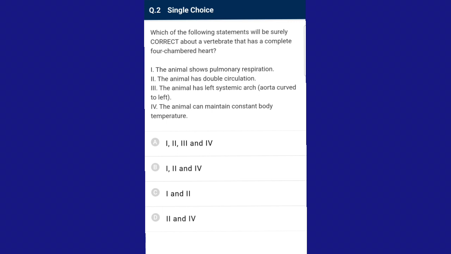Here totally 4 points are given. From that, the first and second points: the animal shows pulmonary respiration, and the animal has double circulation. So both these points are correct about the vertebrate. So the answer for this question is option C.